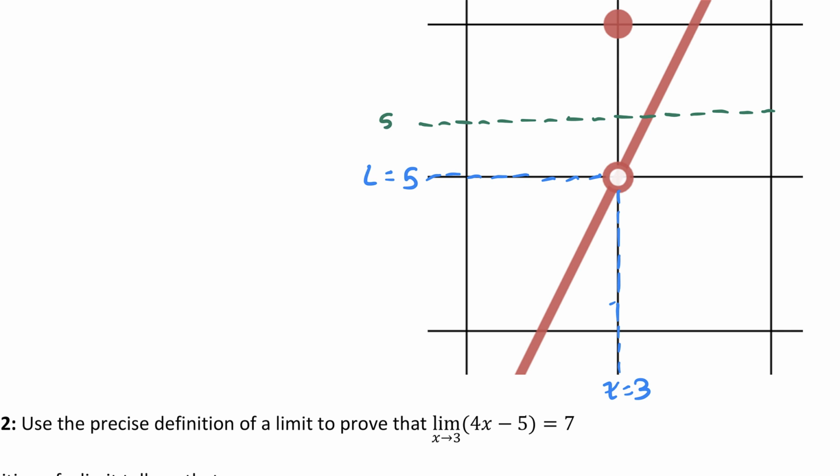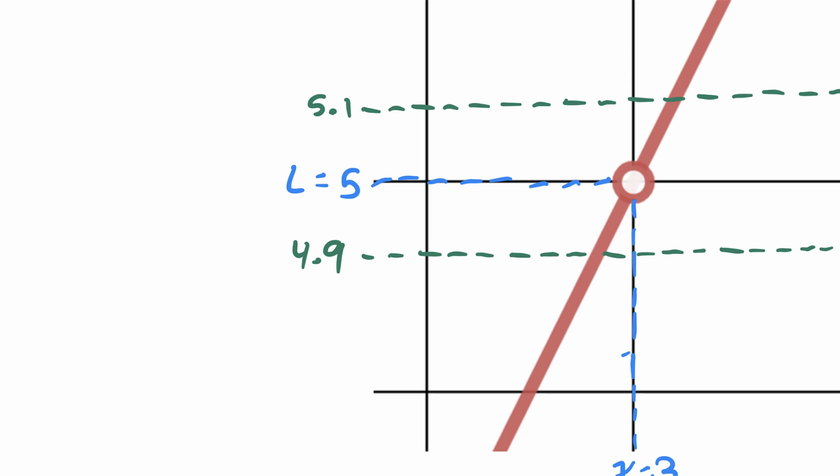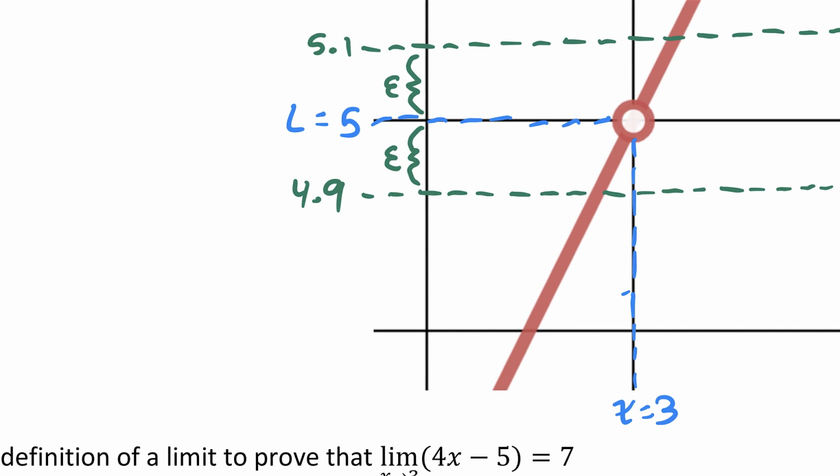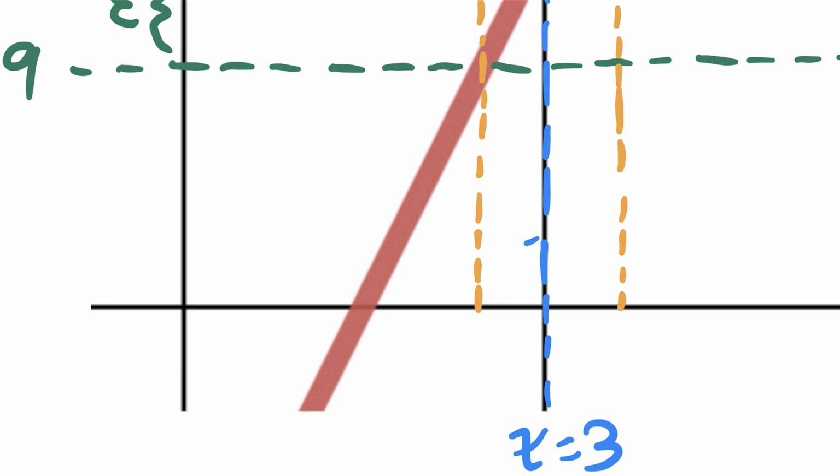Let's say that this is 5.1. And if this is 0.1 less, this is 4.9. So our margin of error, this right here, is our epsilon, and that's only 0.1. So if epsilon is only 0.1, the question is saying, what is delta? And let me zoom in and label delta here.